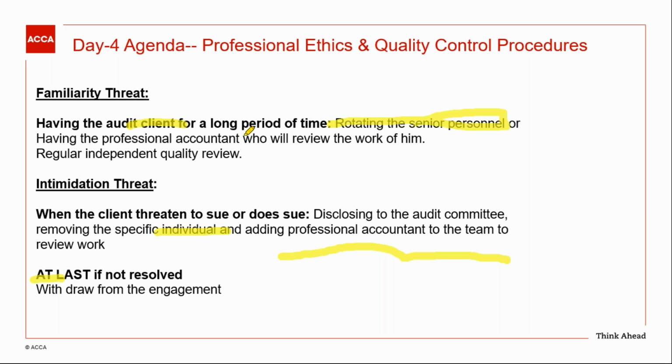So you can reduce it through a regular independent quality review, or second partner review, and also by rotating the senior personnel of the audit team. So this is all about the familiarity threat.